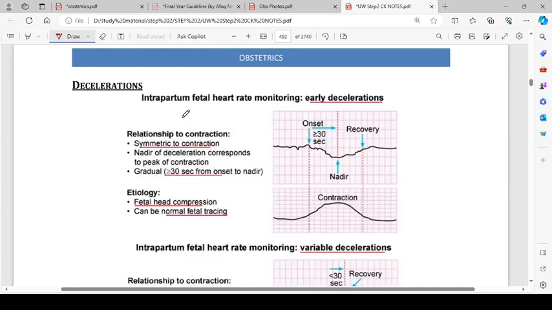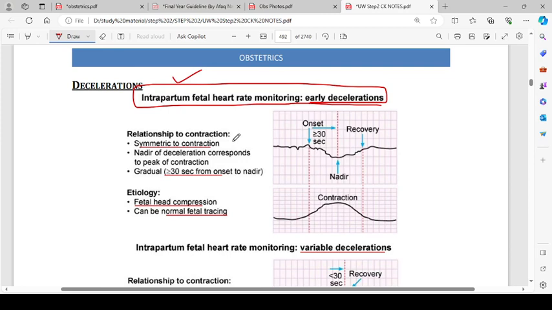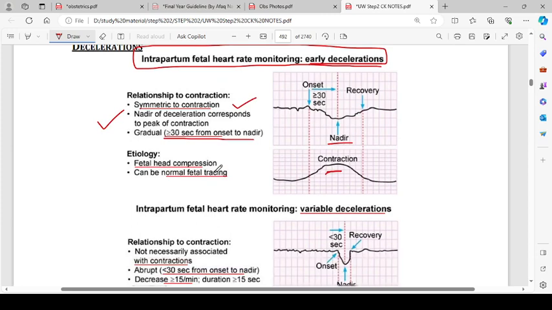Okay. Then what are decelerations? Intrapartum fetal heart rate monitoring. They can be early decelerations. Relationship to contraction: symmetric to the contraction, like whenever there is a contraction, there is a deceleration. The nadir of the deceleration corresponds to the peak of the contraction. Gradual, more than 30 seconds from the onset to the nadir.